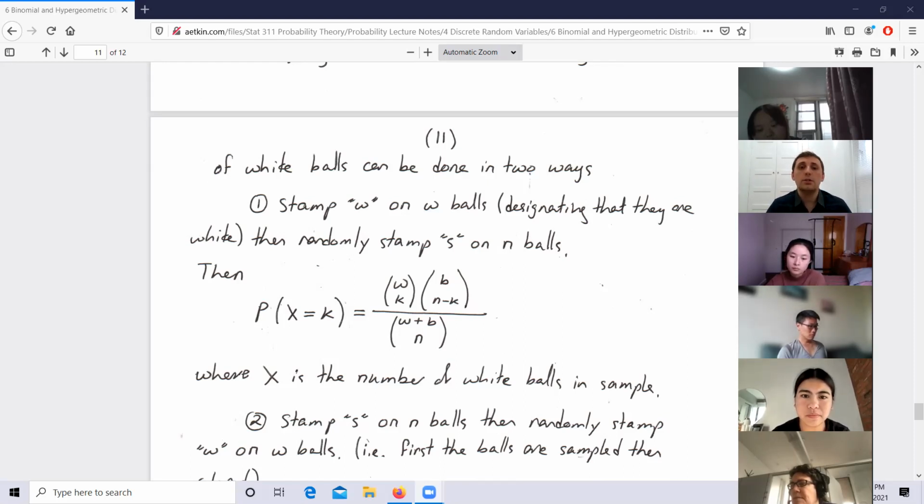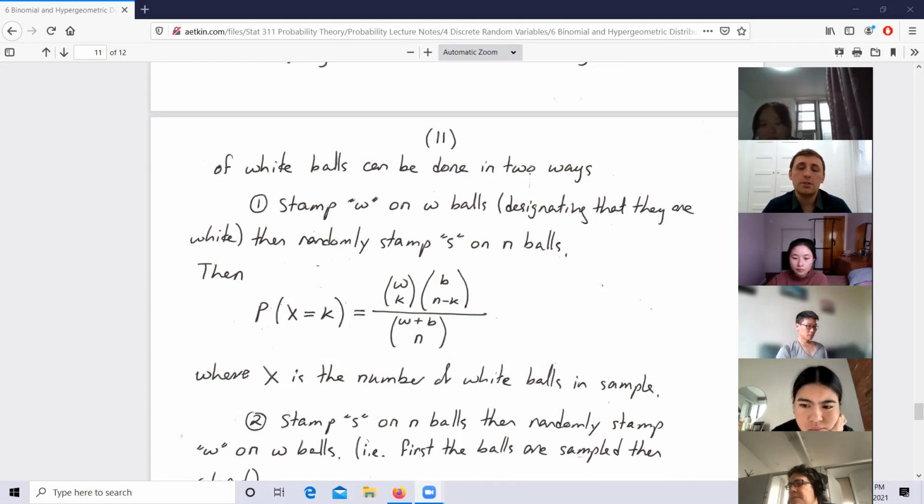Good? So if I say I have W white balls and B black balls, it means that with my stamp W, I will stamp exactly W balls. And if I'm saying that I will sample N balls, that means exactly N of the balls will be stamped with the letter S as sampled.